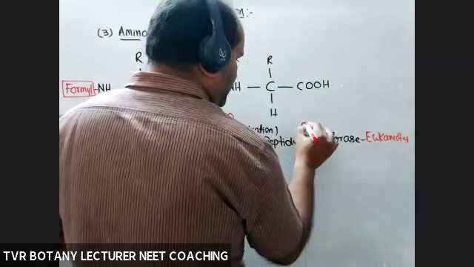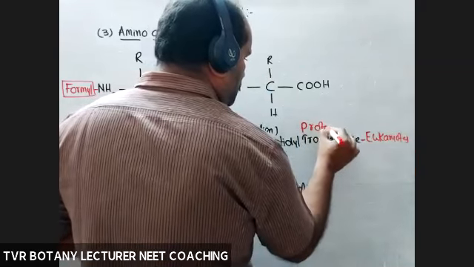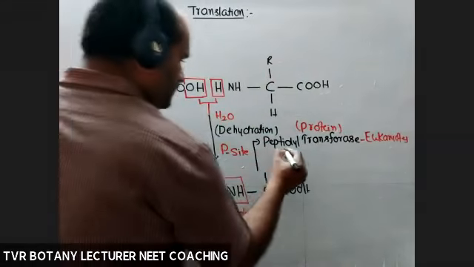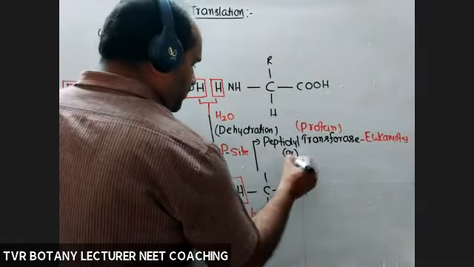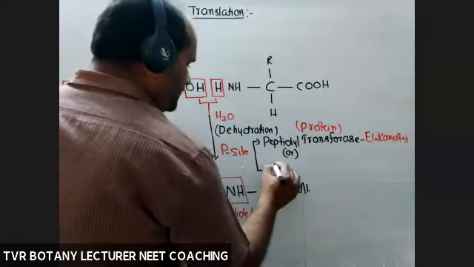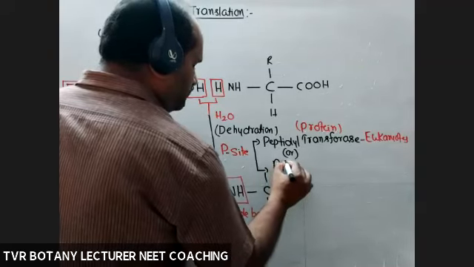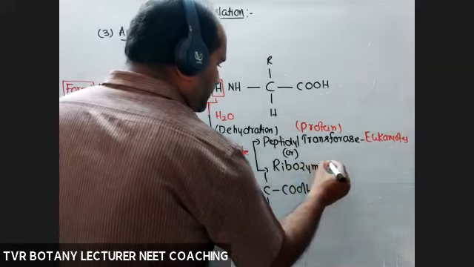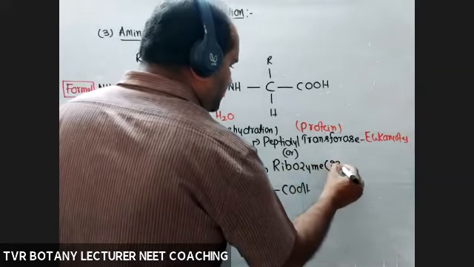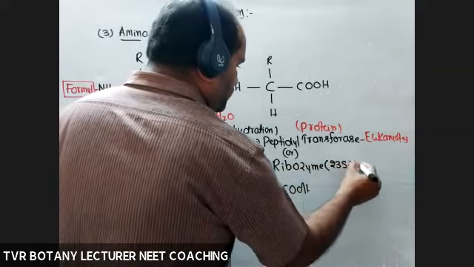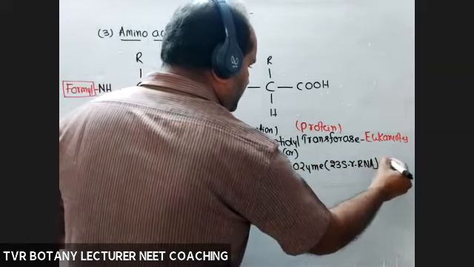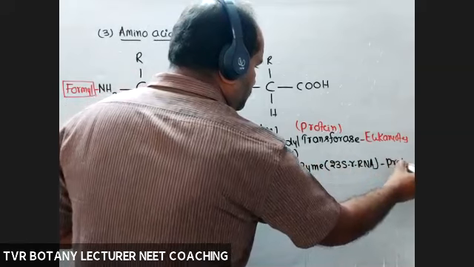So this enzyme is a proteinaceous enzyme. In the case of prokaryotes, it is a ribozyme, that is the 23S ribosomal RNA molecule.